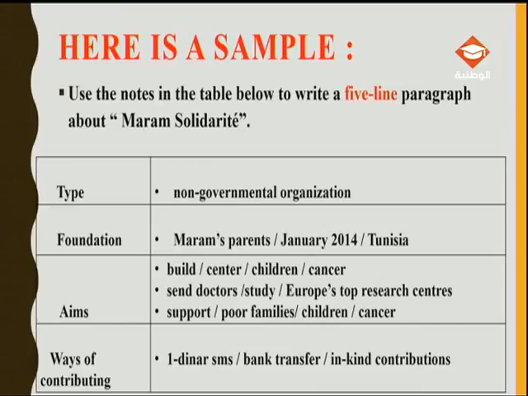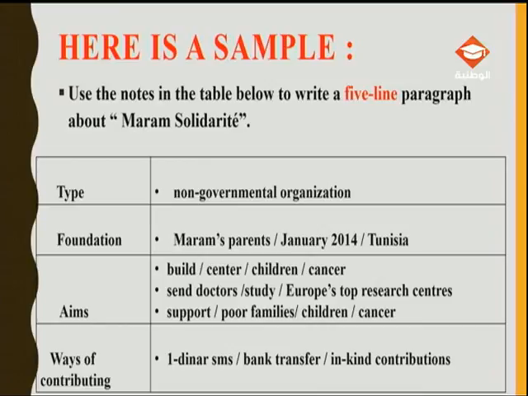It means that it does not depend on the government. It is a charity organization. Foundation means when was this organization started. So here, Maram's parents, January 2014, Tunisia. The same procedure. Whenever there is a slash, there is something missing.